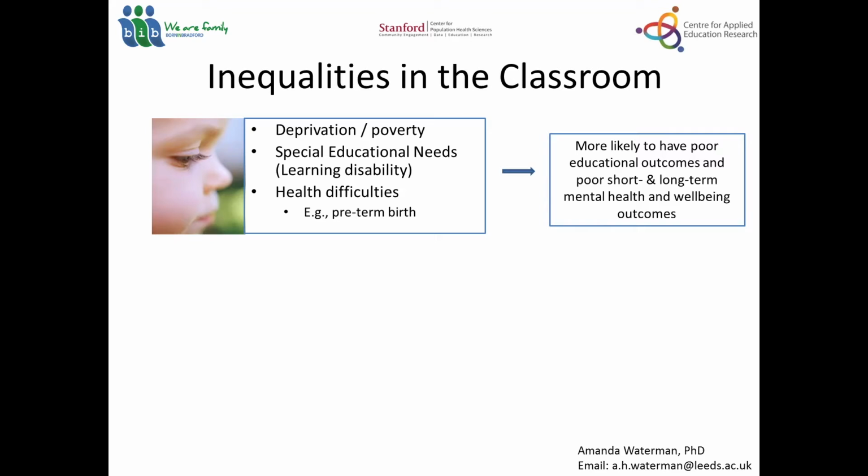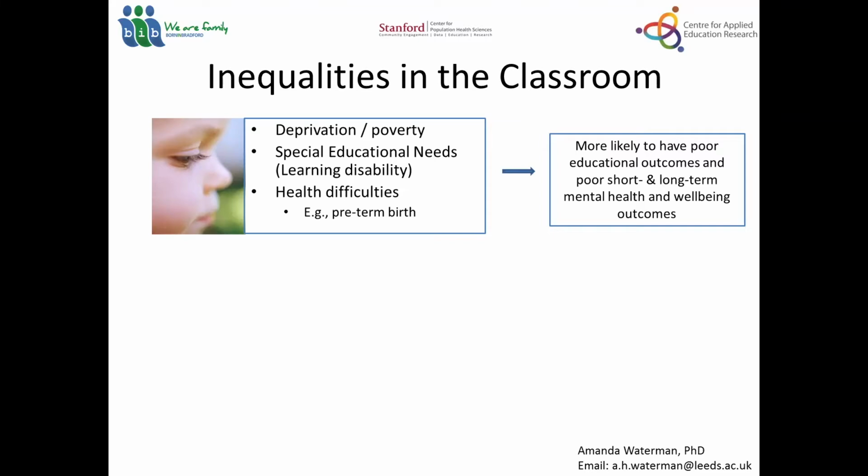So obviously there are lots of factors that can lead to inequalities for children in the classroom. And I've pulled out some of those here that we've been particularly interested in the group to date. Obviously, growing up in poverty, living in deprivation, tends to mean that children are more likely to have poorer longer term and short term developmental outcomes, including education and mental health and well-being and physical health.